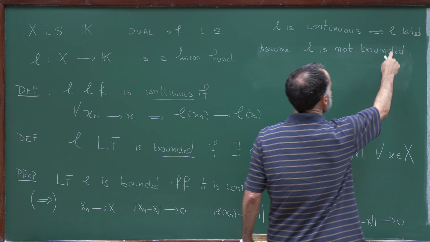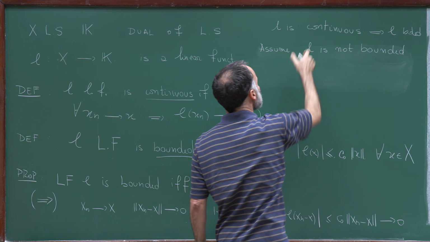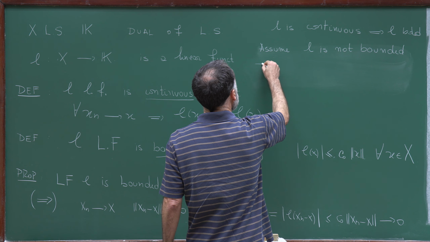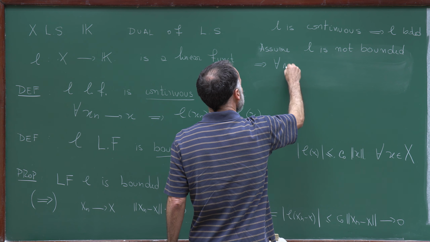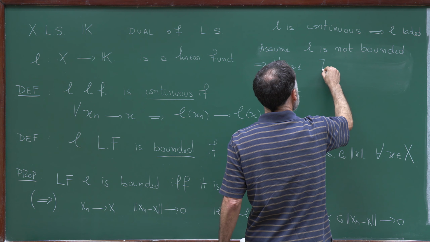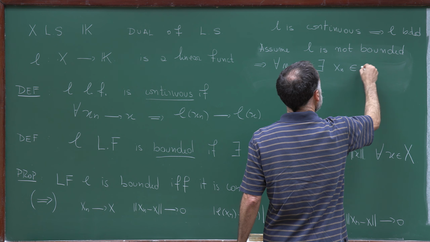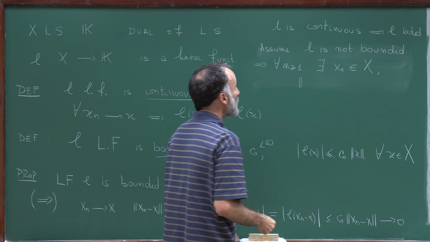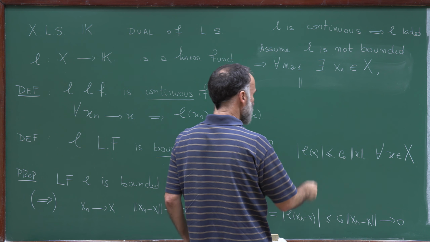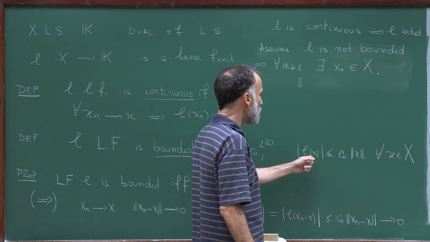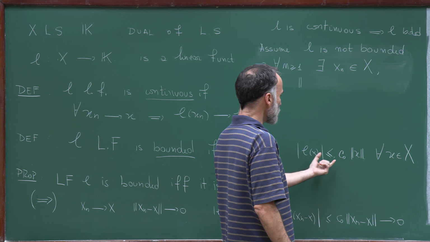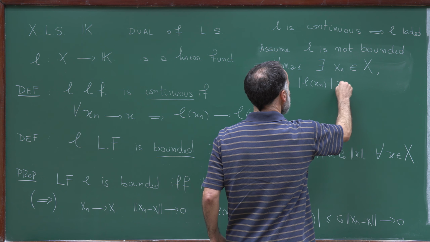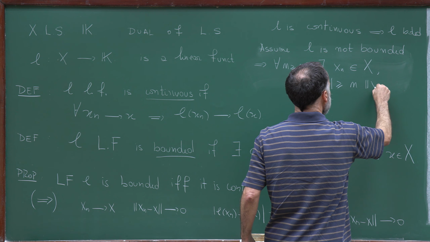So I'm saying that if this is false, then this is false. So let's assume that L is not bounded, which means that for all n, there exists xn such that, since this is not true, L of xn in absolute value is larger than n times the norm of xn.